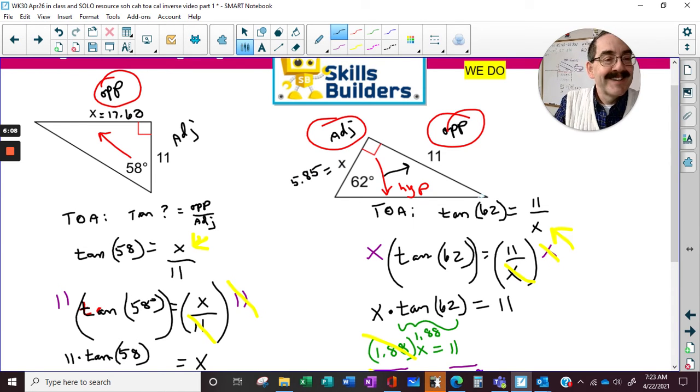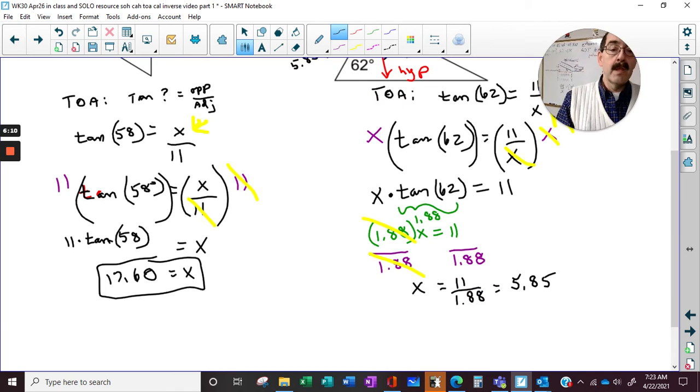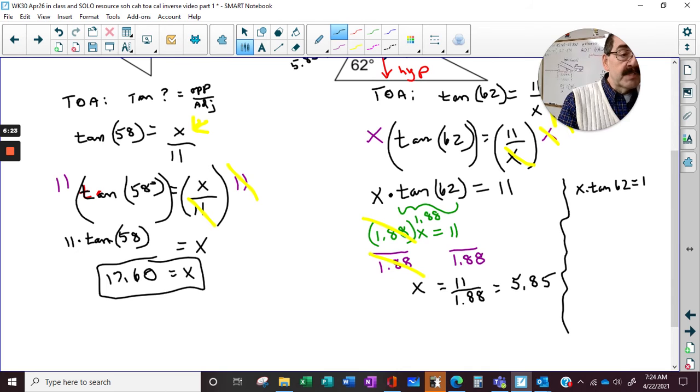5.85. Now, after you do a bunch of these, you don't actually have to do this step if you don't want. We could have actually had x times the tangent of 62 equals 11. This is just a number. Divide both sides by the tangent of 62.